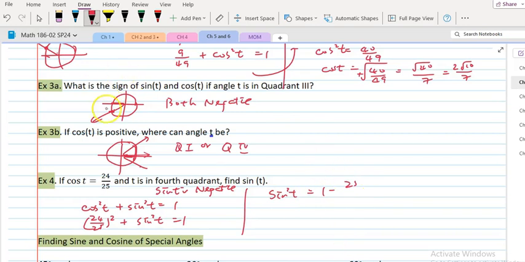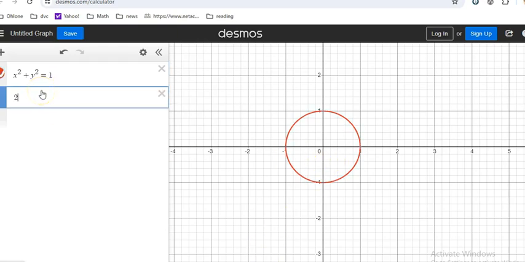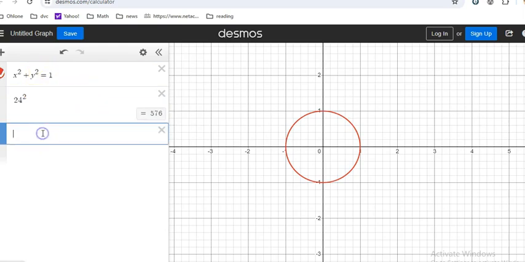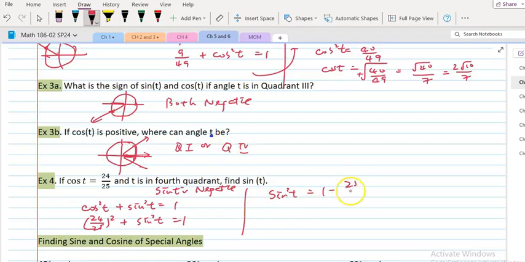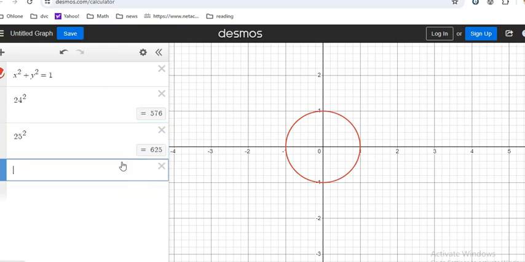What is 24 squared? 576. 25 squared is 625. So 625 over 625 minus 576 over 625. 625 minus 576 is 49.